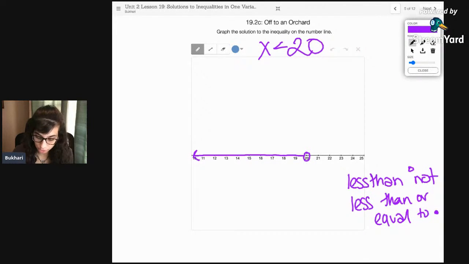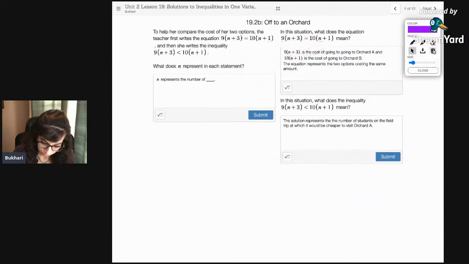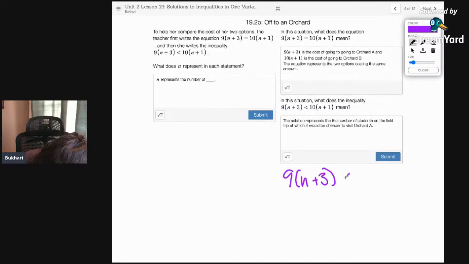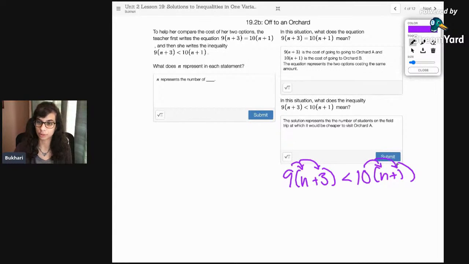And so go back and solve your inequality. We have this inequality, 9n plus 3 and 10n plus 1. Distribute your 9, distribute your 10, and then solve the inequality.